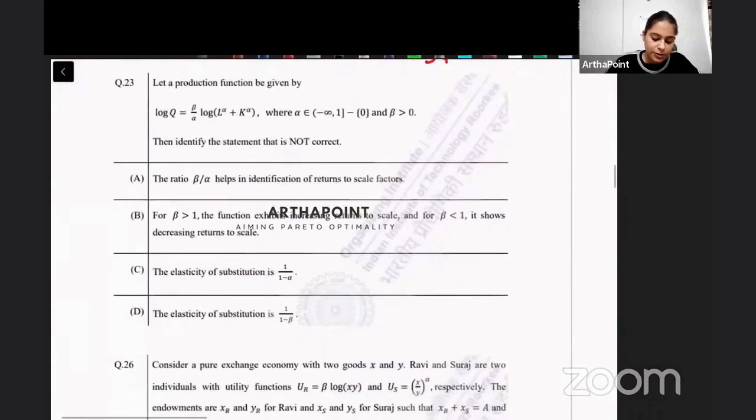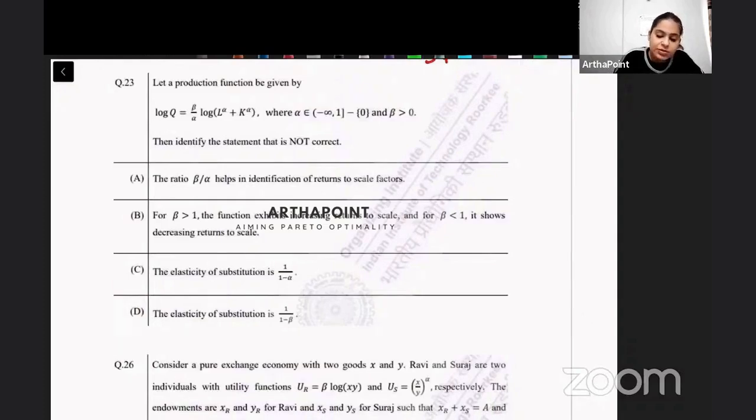Okay, now come to the next question. Again, very basic concepts like elasticity of substitution are getting tested. Which means they are not going to test very difficult things, but they are going to test your logic. I'll tell you where logic is used here.